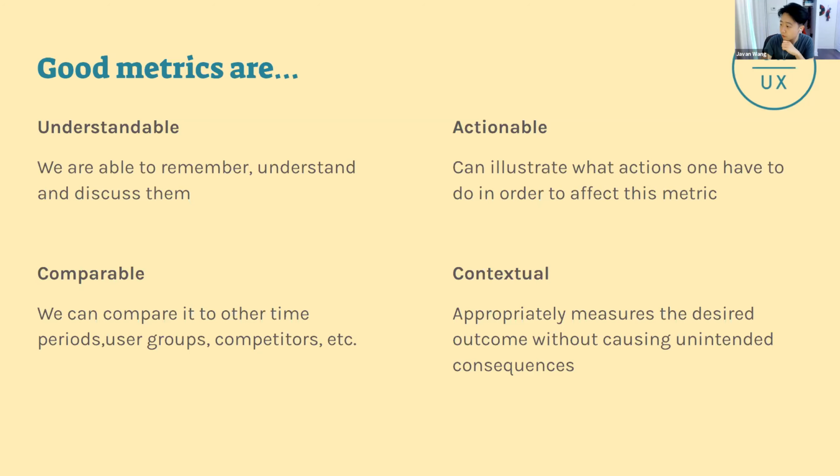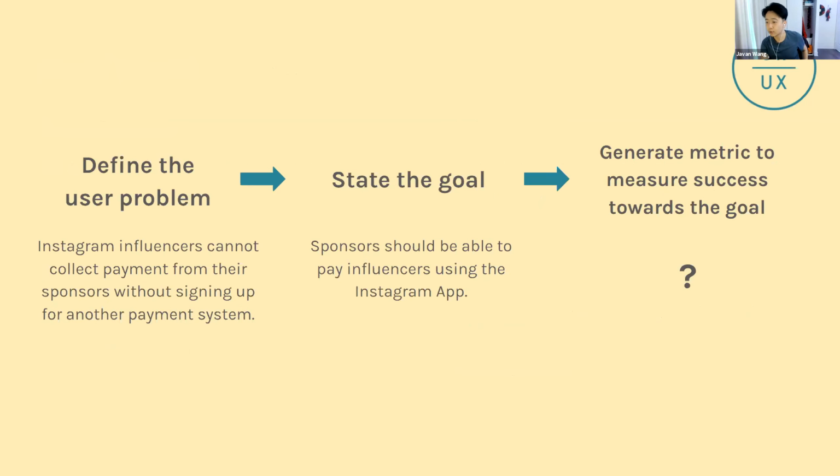So I'll give you another interactive example here. Pretend we have a user problem. There are Instagram influencers and there are Instagram sponsors. Let's say an Instagram sponsor wants to pay their influencer a certain amount of money, but right now it's not guaranteed that influencers will get their money, because they need to rely on the word of the sponsor, and two, they need to input their information on another payment system.